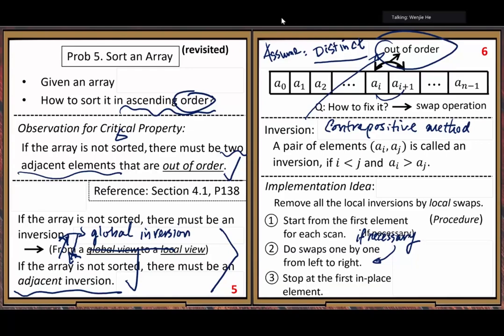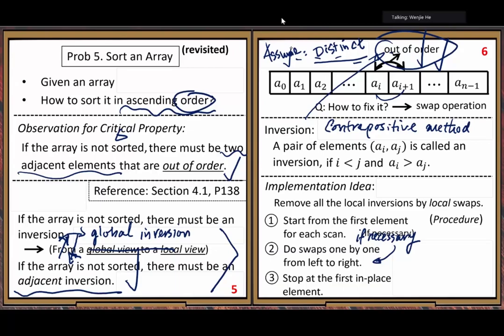But after you do the second round scan, do you put another element in place? Yeah. Another round, another element in place, right? Eventually, you will put all the elements in place. So that's the new algorithm. Every scan, you can put at least one element in place.